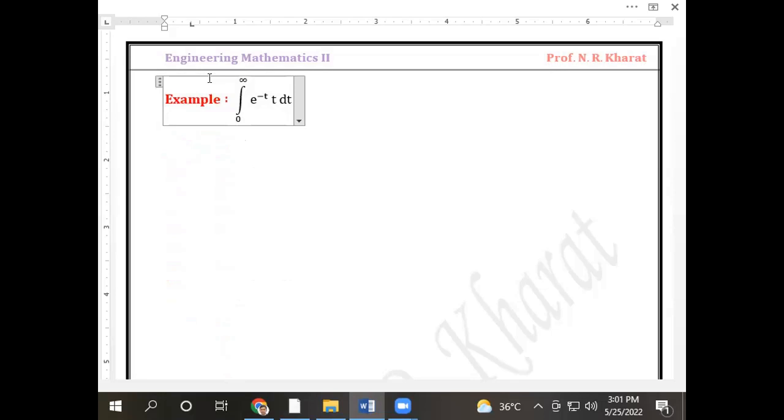So we can say that the gamma function is developed in connection with the problem of generalizing the factorial function.